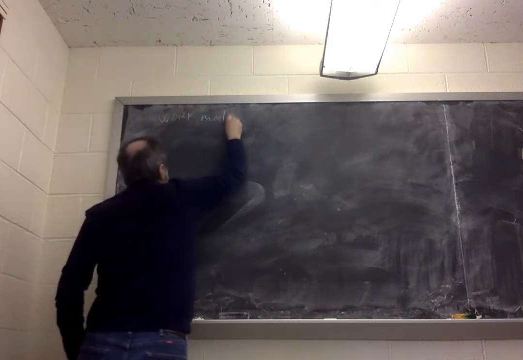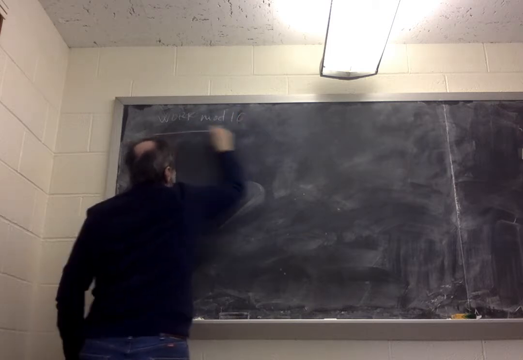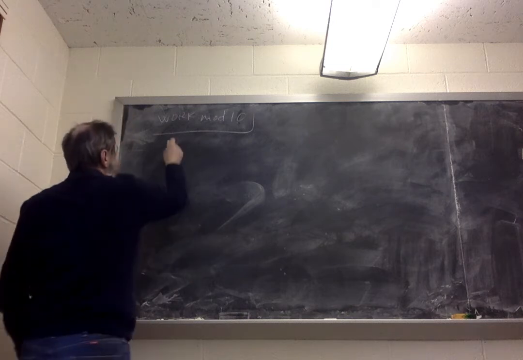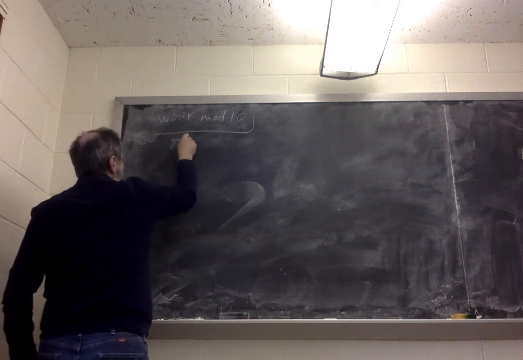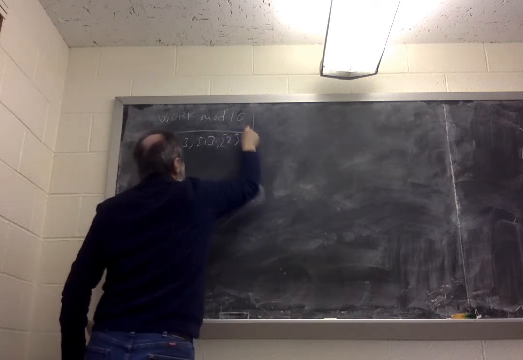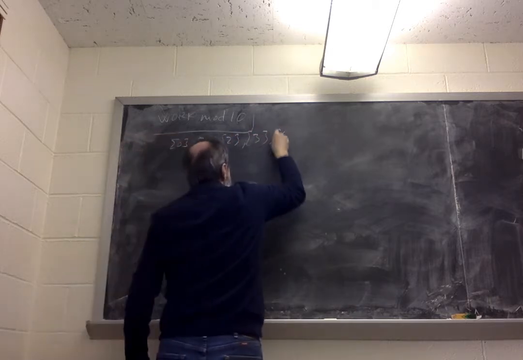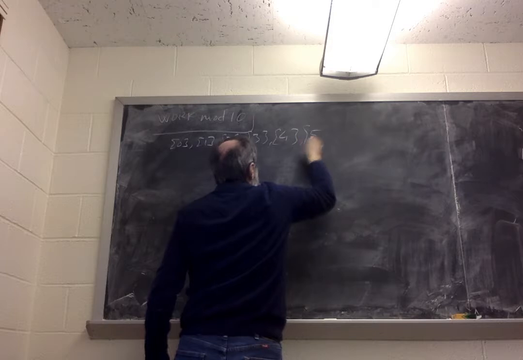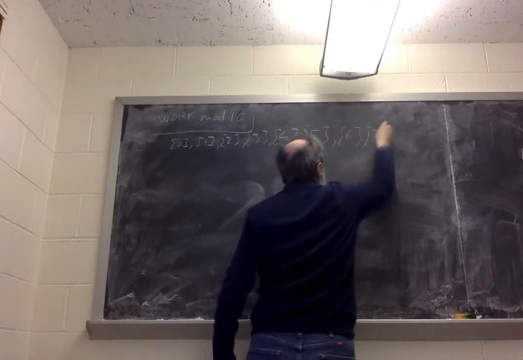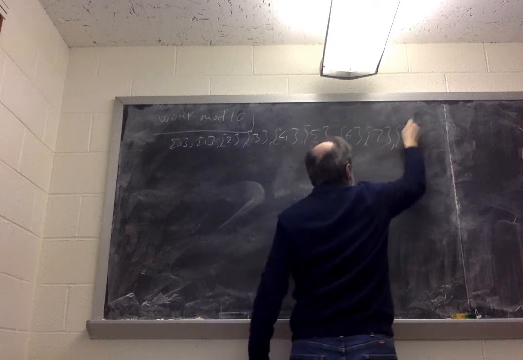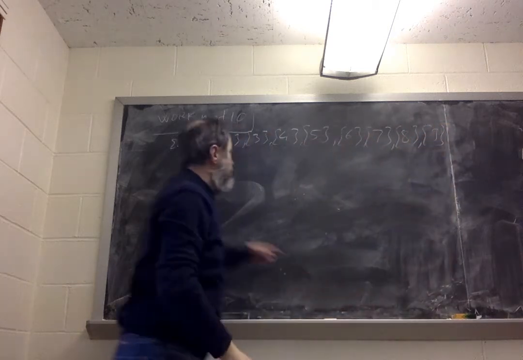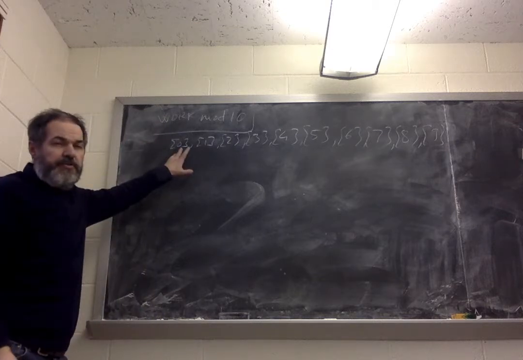The class of 0, the class of 1, 2, 3, 4, 5, 6, 7, 8, 9. That's it. The class of 10 is identical to the class of 0.